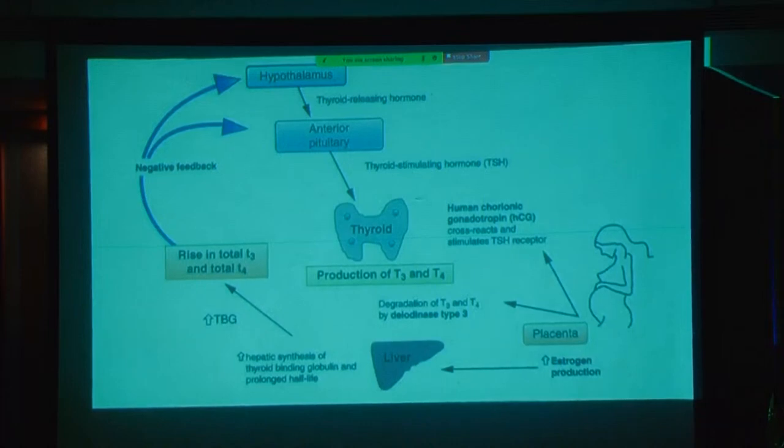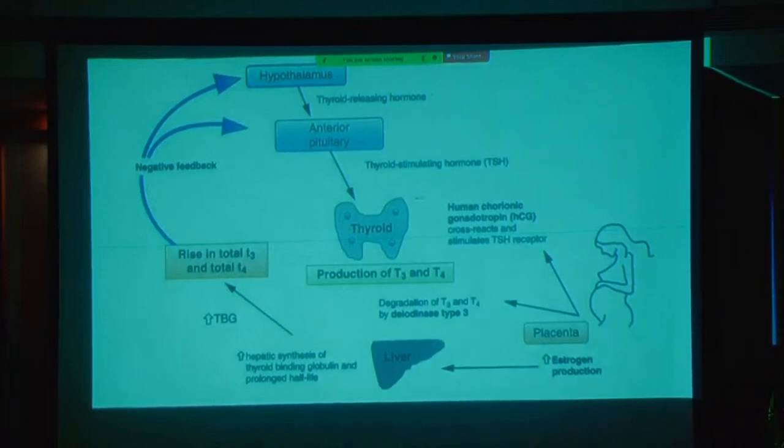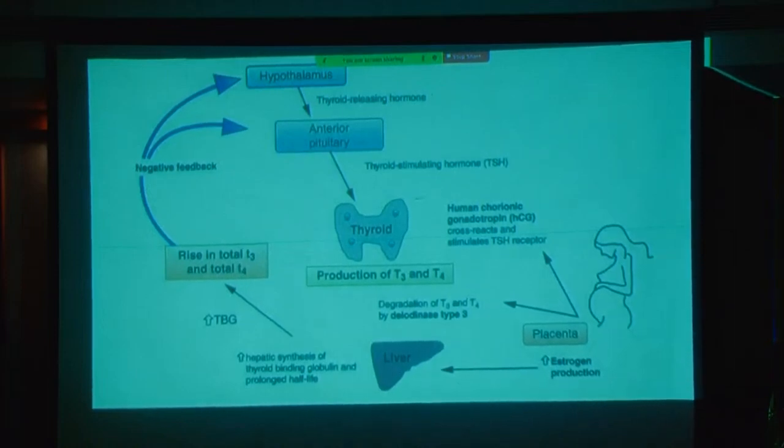A third thing is that if you are in an area like a hilly area where iodine content is less because of the habits. Now we don't have a problem because we are all getting iodized salt. In pregnancy, the blood flow to the renal arteries is much more, so glomerular filtration rate is more in pregnancy.